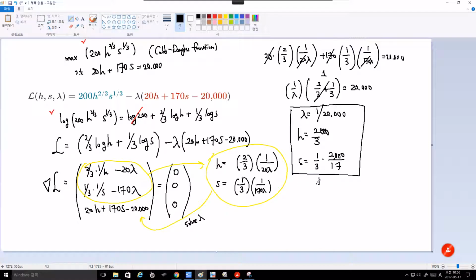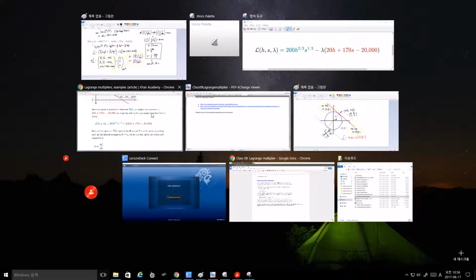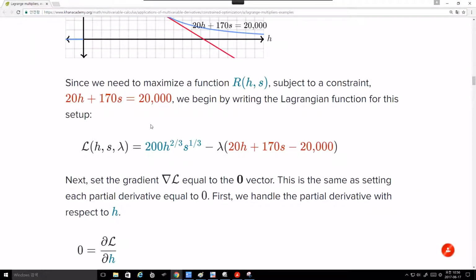And then you plug this into the constraint, H is 2/3 and S is 1/3, plug this in. The answer is, what was the answer?